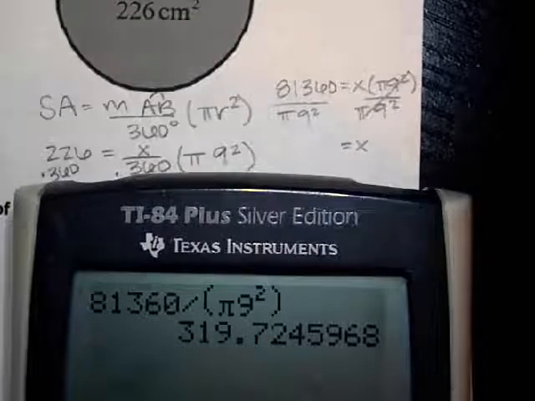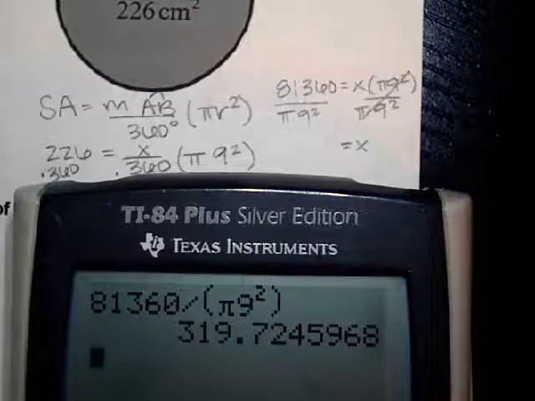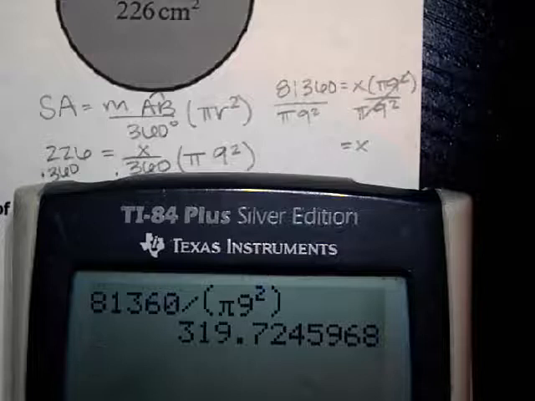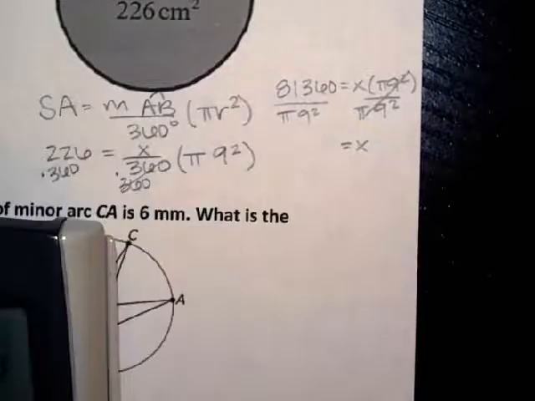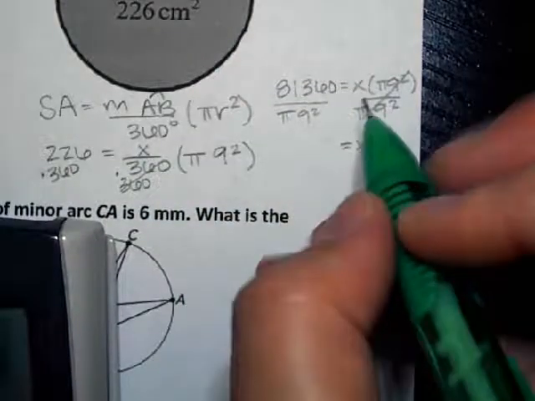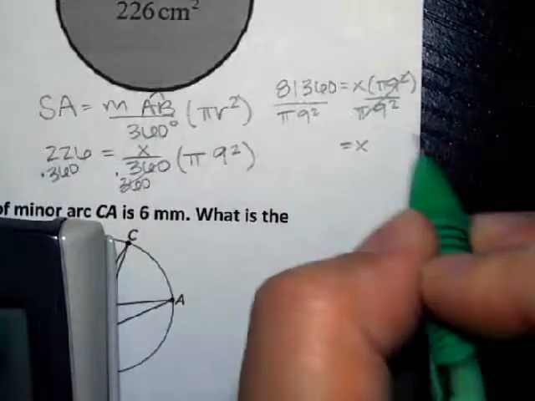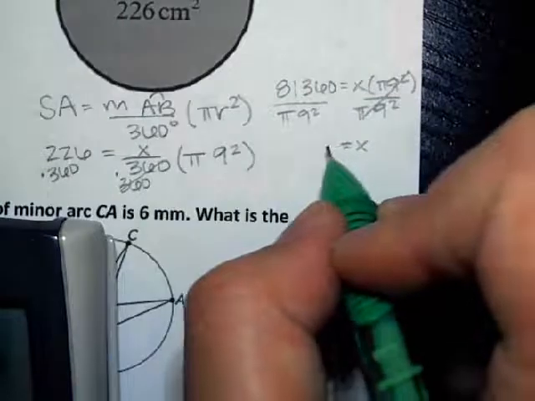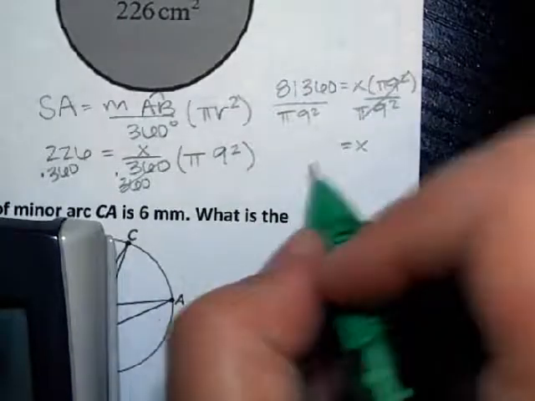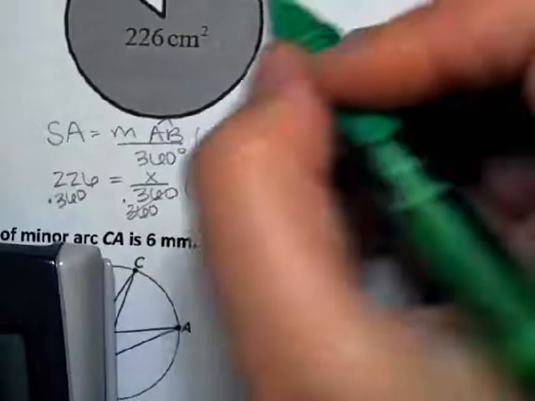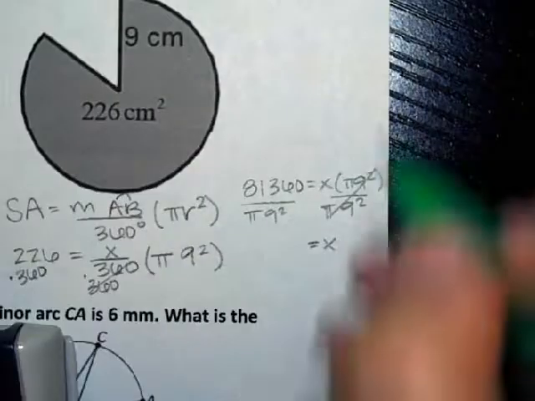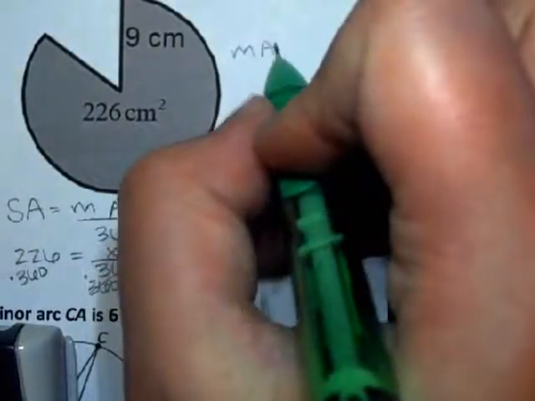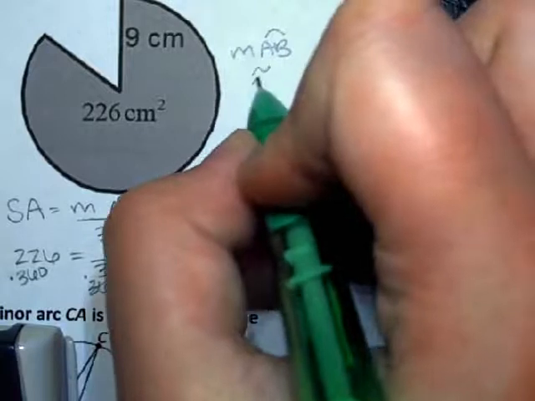The last one was very close to 60 degrees. This one is not as close to the whole number angle, so I would feel a little bit more comfortable writing the decimal. But we can tell the angle was supposed to be, what? 320. So I'm going to write it up here where I have more space. So the measure of arc AB is approximately 320 degrees, or we can do 319.725.